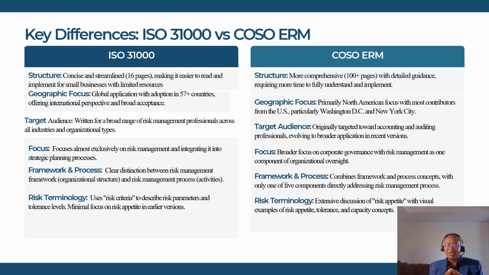But originally, it was focused on accounting and auditing professionals. Focus: ISO 31000 focuses almost exclusively on risk management and integrating it into strategic planning processes. The COSO ERM brought focus on corporate governance, with risk management as one component of organizational oversight responsibilities.